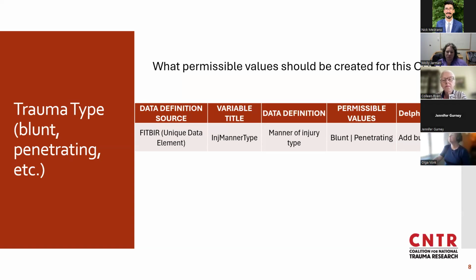We could potentially create a distinction within the CDE itself, specifying that this is the primary, or create another that is the secondary. As Dr. Jarman said, we could also make it a multi-select.